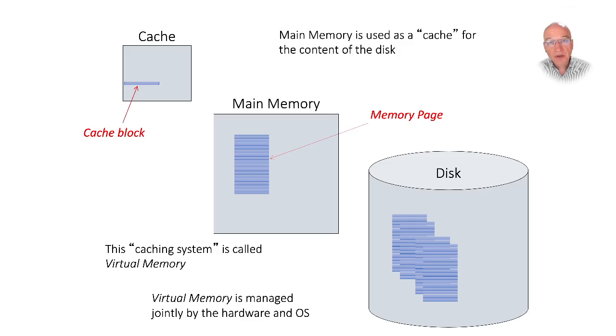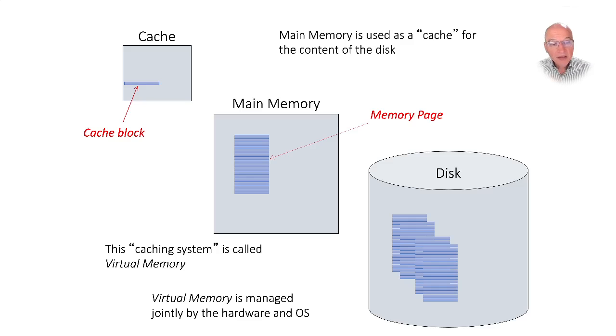The cache that we studied before is completely managed by the hardware. You do not have an interference between the operating system and the program when there is a cache miss. The processor simply waits until the hardware is able to fetch the data from the main memory.